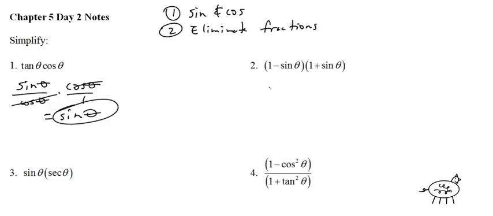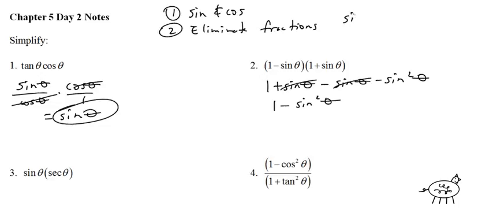Next one, obviously what do we do? We're going to FOIL. So we're going to do 1 plus sine of theta minus sine of theta minus sine squared of theta. Well, these cancel and we get 1 minus sine squared of theta. Just remember, look back at your old notes, math fans, what we learned yesterday, the Pythagorean identities. For example, this one is sine squared of theta plus cosine squared of theta equals 1.